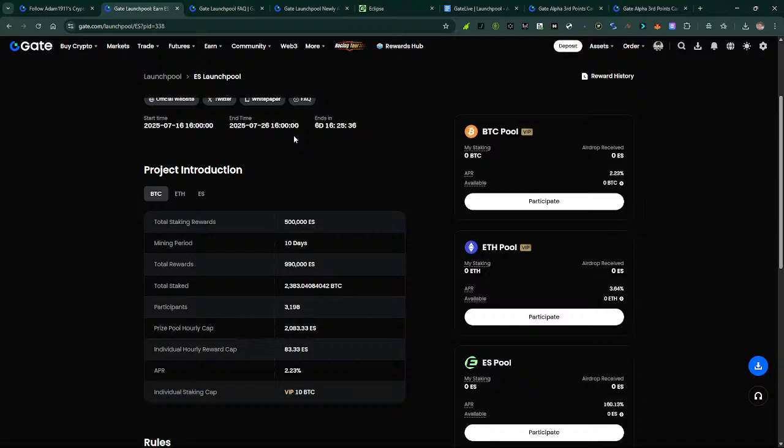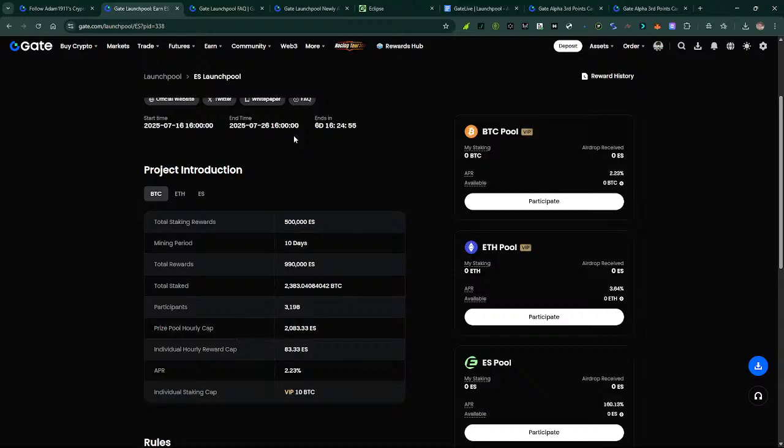The initial one was 500k ES tokens for this pool, and the total staked amount of Bitcoin is like 2383.04 Bitcoins. The amount is so huge, and participant count is 3198. A lot of people have already joined here, so don't miss this chance.